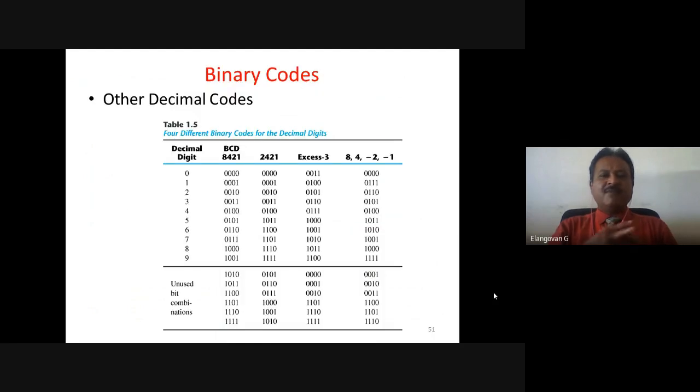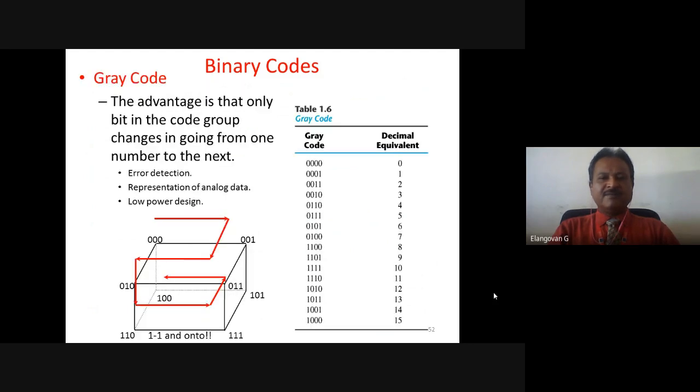The other forms of binary codes are the well-known 8421 BCD codes and 2421 codes. These are the other decimal codes, and of course XS3 code and 84-2-1 codes. These are the other binary codes available. And one more important code is the gray code.